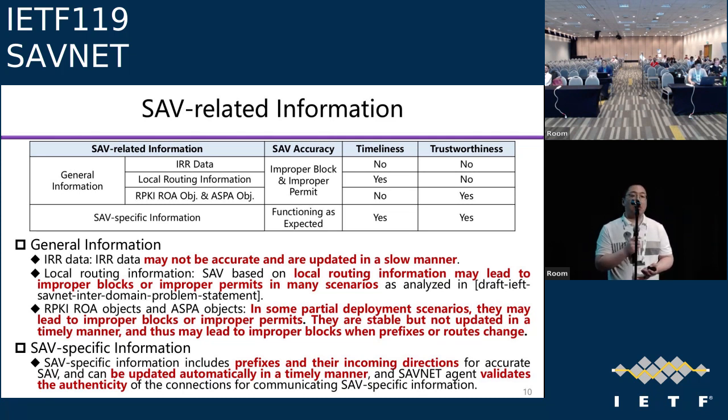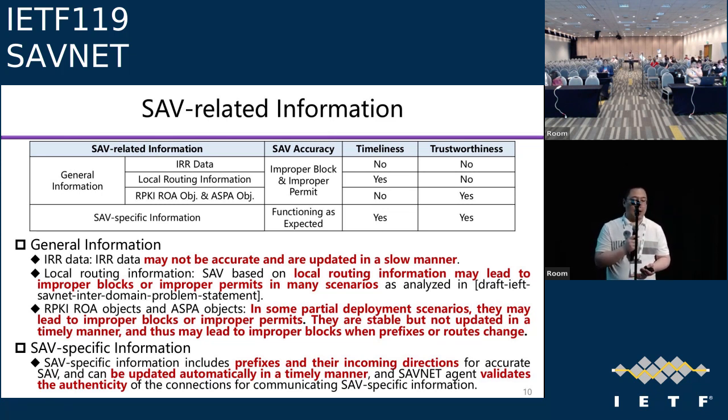Cell based on the local routing information, such as URPF-based mechanisms, may lead to improper blocks or improper permits in many scenarios, as analyzed in the inter-domain Savnet problem statement draft. RPKI ROA objects and ASPA objects are verified and more trustworthy and work better than the two above information sources in many scenarios. But in some partial deployment scenarios, they may lead to improper blocks or improper permits.